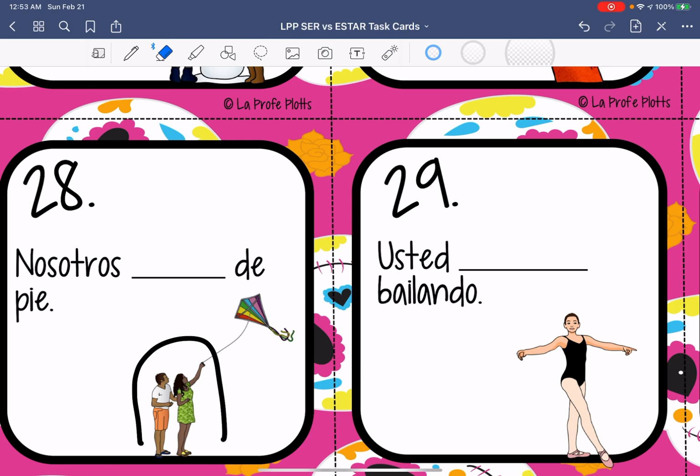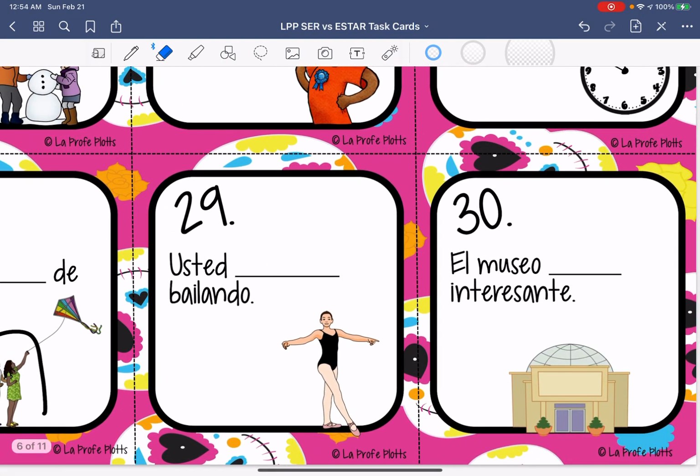Okay. 29. Usted blank bailando. We should all know what the word bailando comes from. What AR verb does it remind you of? Bailando. Okay. 30.